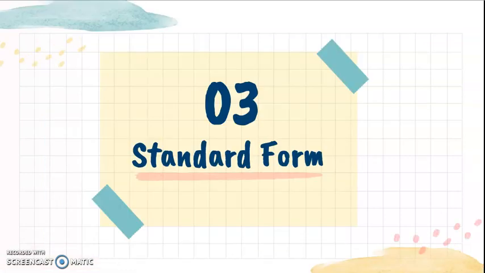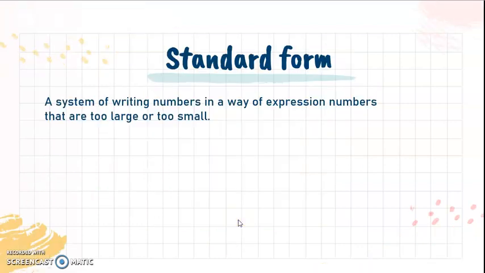So next, the third subtopic is standard form. Once you finish, you can move on to this topic. So standard form is a system of writing numbers, a way of expressing numbers that are too large or too small. So for example, if the number is too large, how do we express this in standard form?